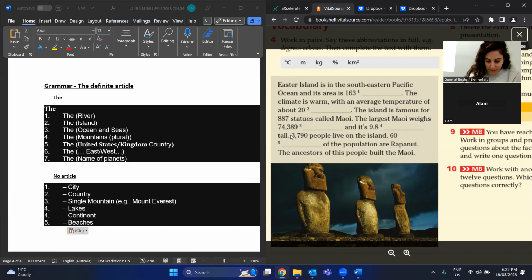So weight. And it's 9.8 meters tall. 3,790 people live on the island.